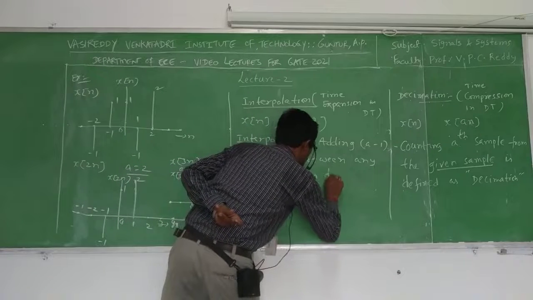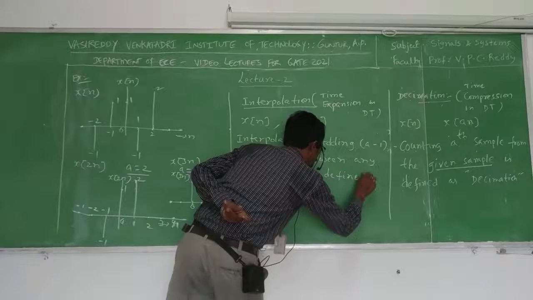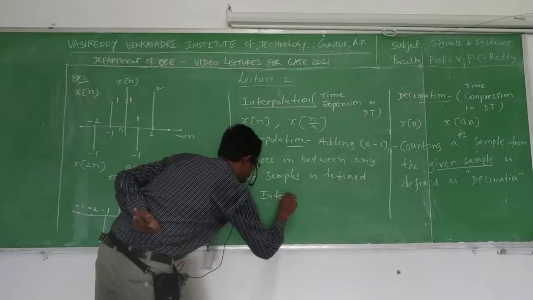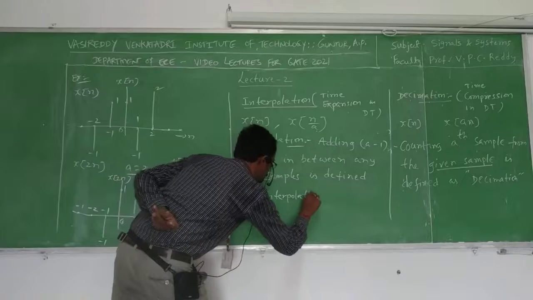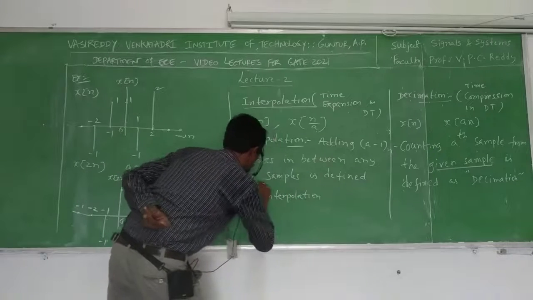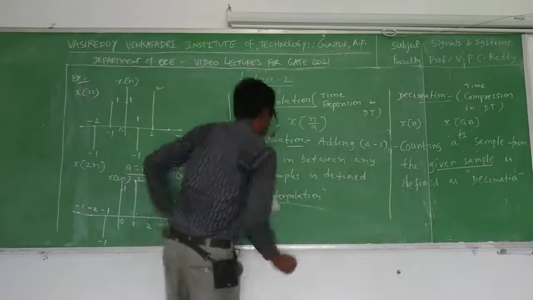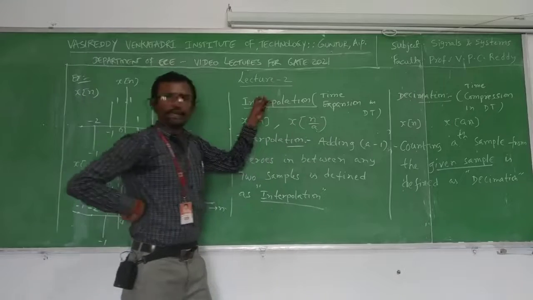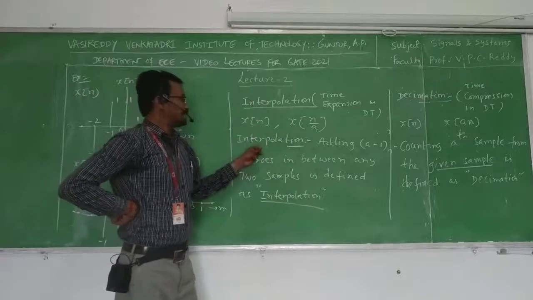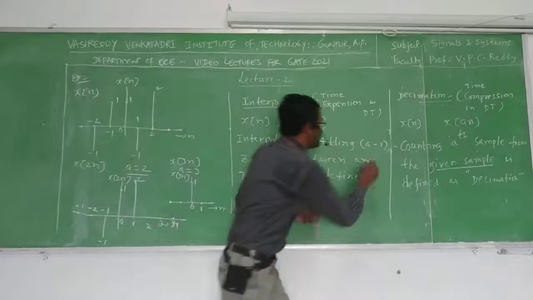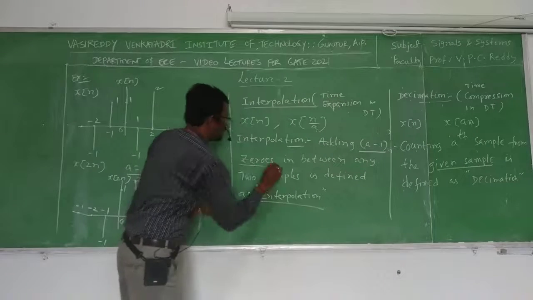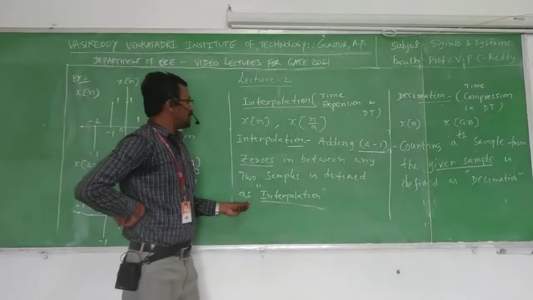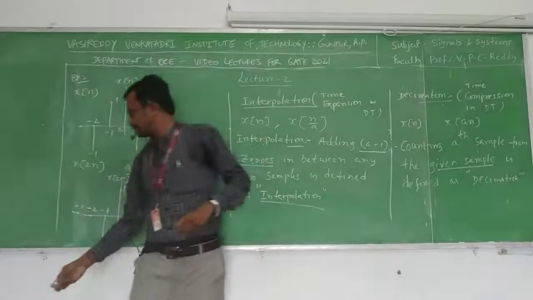Here we have to observe that x of n is the given signal, and x of n by a is the interpolated version of the given signal. Adding a minus 1 zeros in between any two samples is defined as interpolation. Now we will see an example related to interpolation.